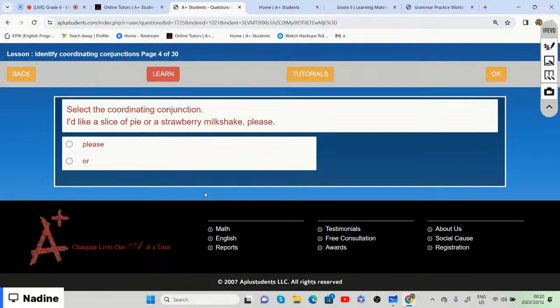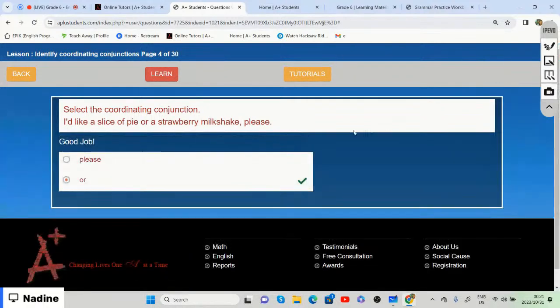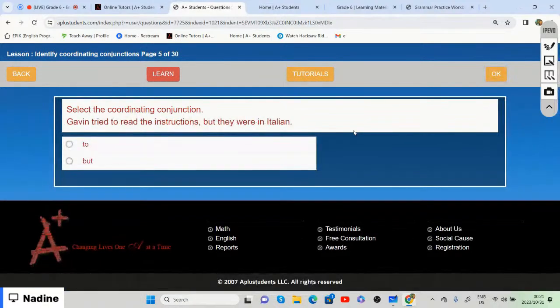Is it "please" or is it "or"? So now if we select the coordinating conjunction, we can say "or." Or is like choices, right? And that is correct.